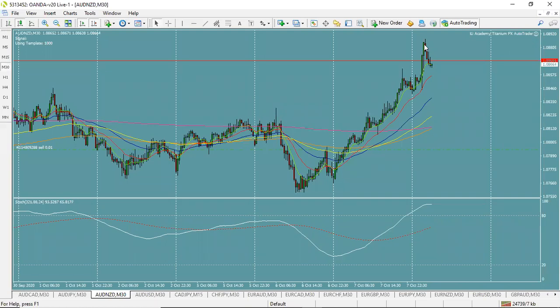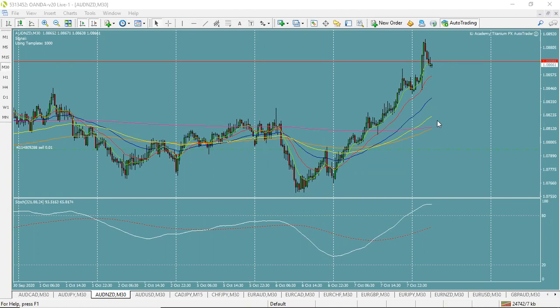We did trade a little bit away from the 50. We pushed away from the 50, and now we're pulling back again. That's pretty typical behavior. But right now the rate sits on the 8.